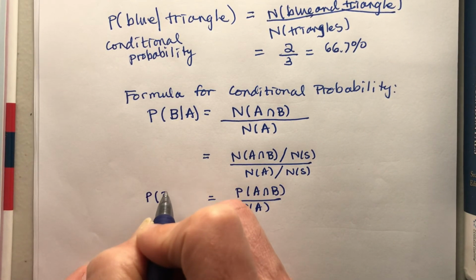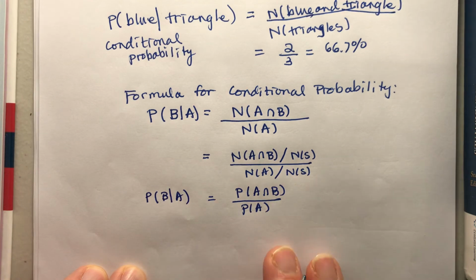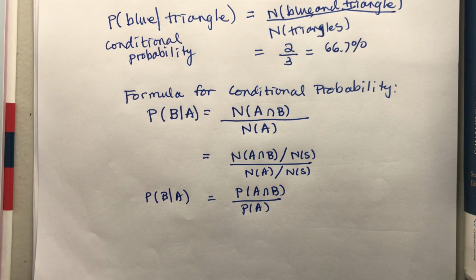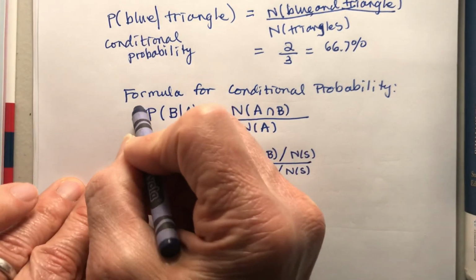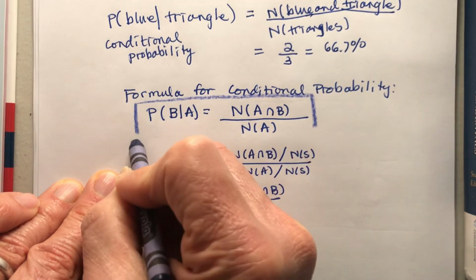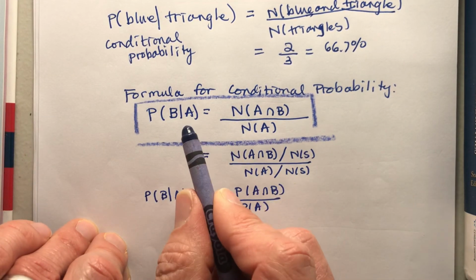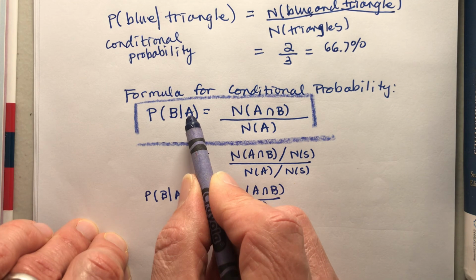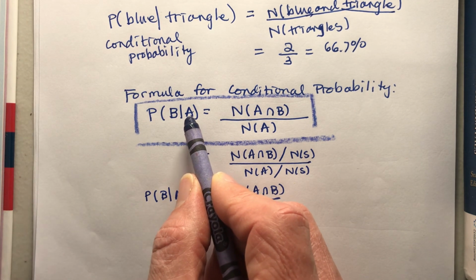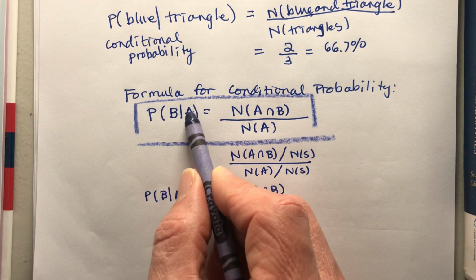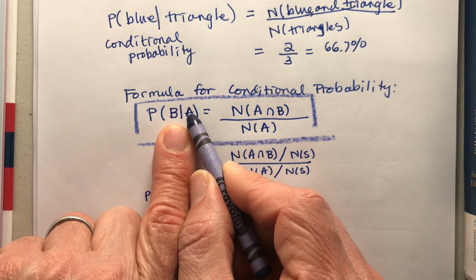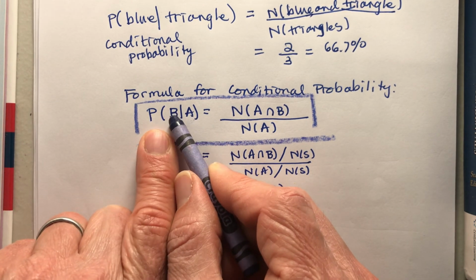So we have two different formulas that we can use for conditional probabilities. If we're counting, which by the way we don't always do, we can use this one right here. If we know that the first tile drawn belongs to A, then what's the probability it belongs to B?